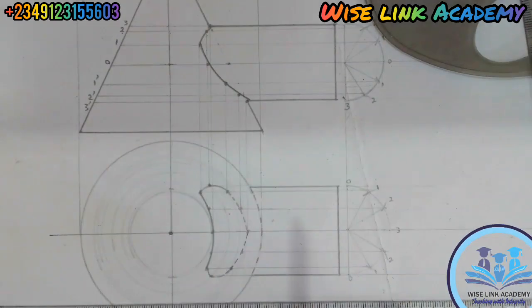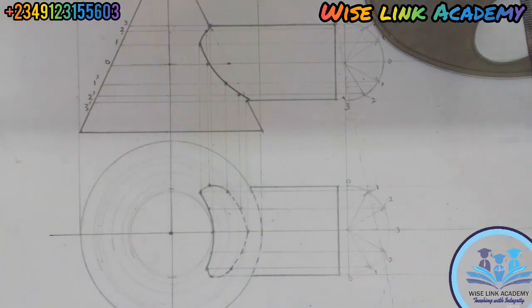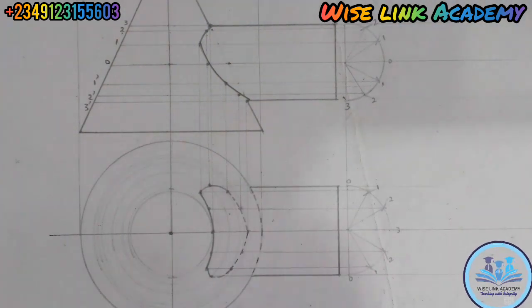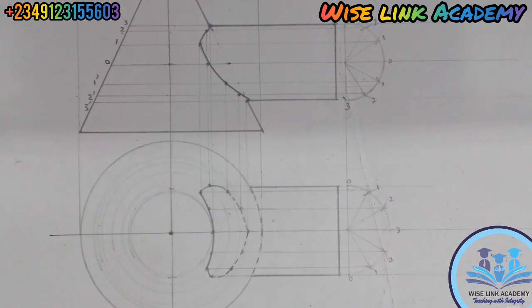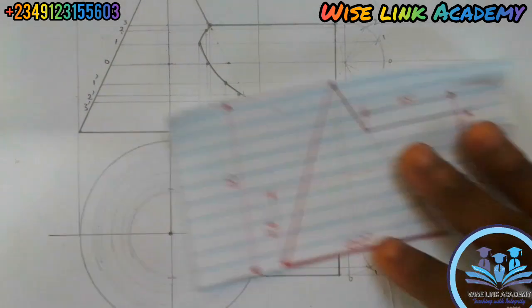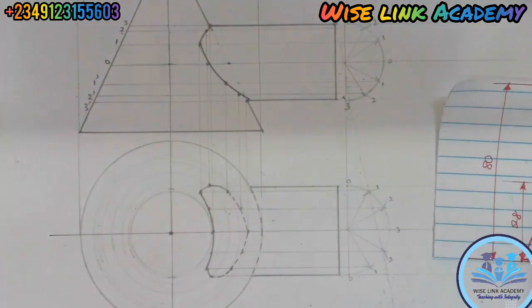Interpenetration arc, and this is giving my arc in the plan. So I've successfully drawn out this figure that we're seeing here. Successfully produced this question here, the question you're seeing out here.